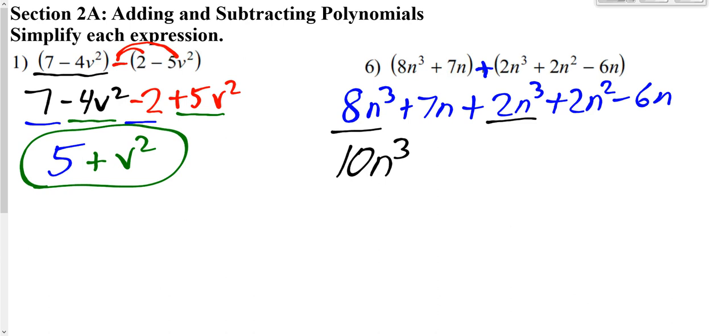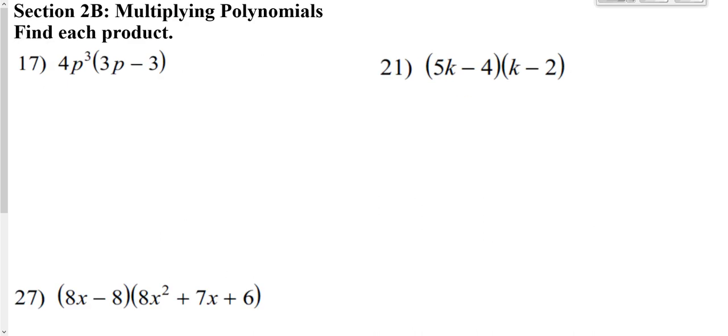And then I'm going to look here. I have 2 n squared. Well, I don't have any other n squareds. And then I'll take a look here. I have 7 of the n's minus 6 of the n's is 1 of those n's. And so I would just get this when I combine like terms.